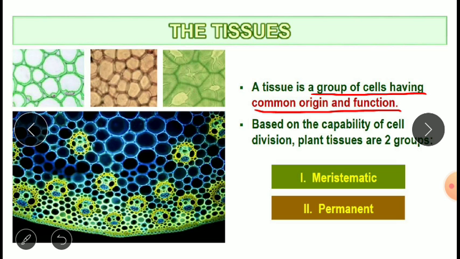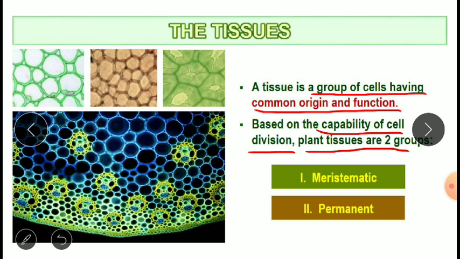Those cells which have, first of all, a common origin, have to be from the same part and they should have a common function. Hence, based on the capability of the cell, that is what a cell can do, or based upon the capability of cell division, we can see that the plant tissues are grouped under two groups.